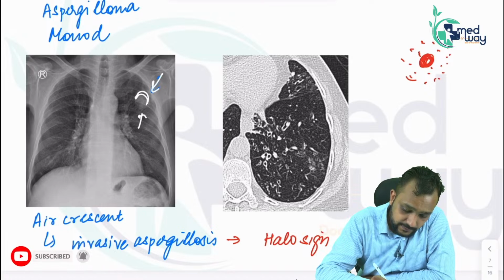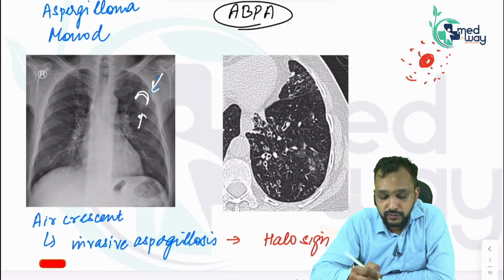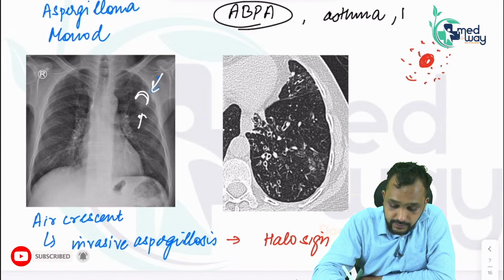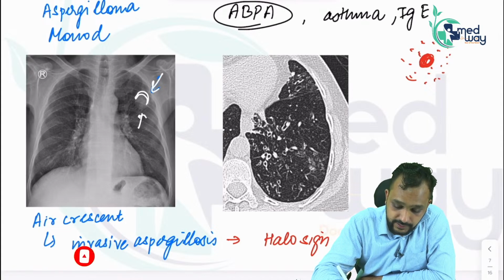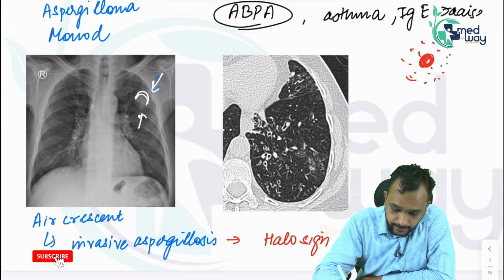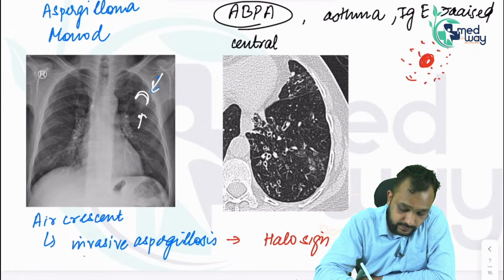Bronchiectasis will be seen in ABPA. So if I am talking about fungal infections, these patients will have a history of asthma, right? Their IgE levels will be raised, and on CT images you will see central bronchiectasis.